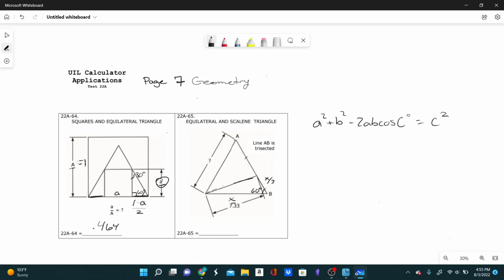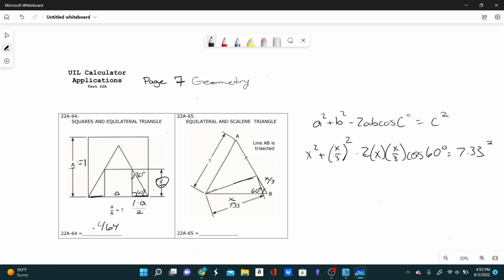Or in other words, x squared plus x over 3 squared minus 2 times x over 3 times the cosine of 60 degrees is equal to 7.33 squared.